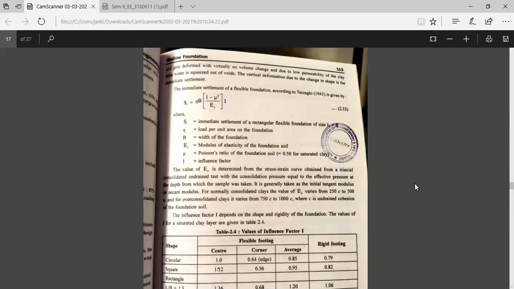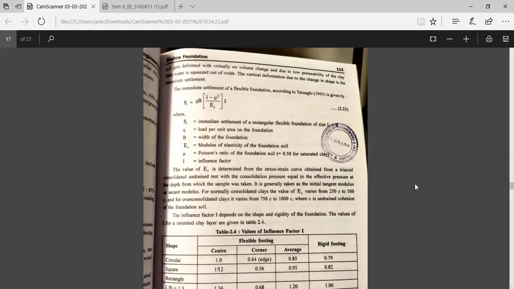So the value of Es is determined from the stress-strain curve obtained from a triaxial consolidated undrained test, where the consolidation pressure is equal to the effective pressure at the depth from which the sample was taken, right? It is generally taken as the initial tangent modulus or secant modulus, right?